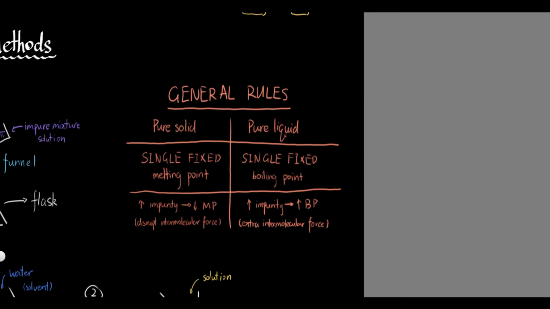And for liquids, a pure liquid would have a single fixed boiling point, as you might have expected, but an increase in impurity would actually increase its boiling point because it brings in extra intermolecular force.